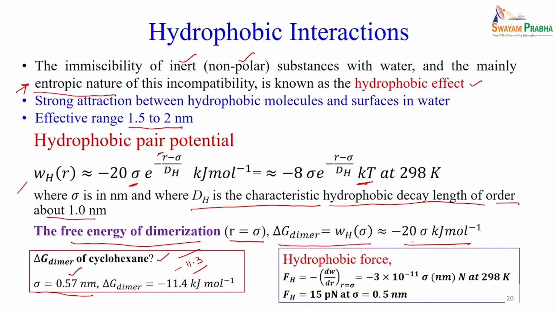As we discussed earlier, once this potential is known to you, you can always calculate the force. The force is always minus dW upon dr, and if you want to calculate the force at r equal to sigma, it comes out to be 3 times 10 to the power minus 11 sigma newton, with sigma in nanometer, at 298 K. So let's take sigma equal to 0.5 nanometer.